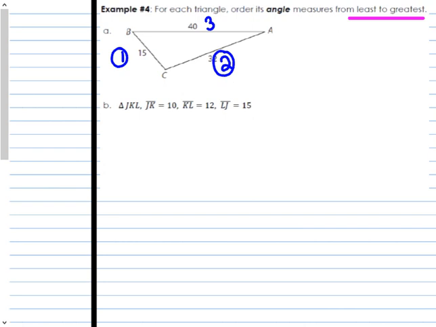Okay? So my smallest side is BC. Well, the angle opposite BC will be my smallest angle, which is angle A. My second smallest side is side AC. The angle opposite AC is angle B. That's my second smallest angle.